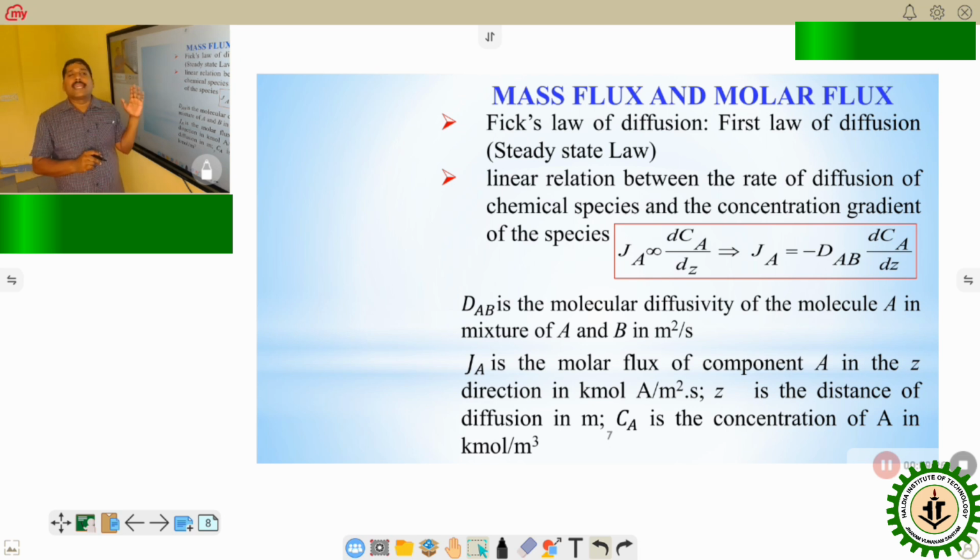Here, why is this negative sign there mainly? Always the transfer or transport is happening towards the negative direction, or from higher to lower. Okay, towards the negative direction. Now, the differential part dC_A by dZ will become negative.